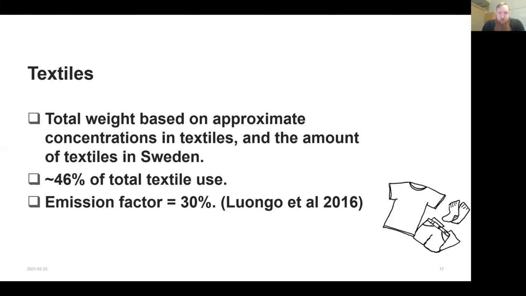So we found only one study which did this, and that was from Luongo et al. in 2016, and they had a range of different compounds which they measured in their original textiles. They washed them 10 times, and then they looked at what was left. So you get a percentage value, which you can use in the modeling in order to get some kind of feel for how much is actually leaching out. So we used that as an assumption for all compounds associated with textiles, and that means that the emission factor for all of the textiles is 30%.